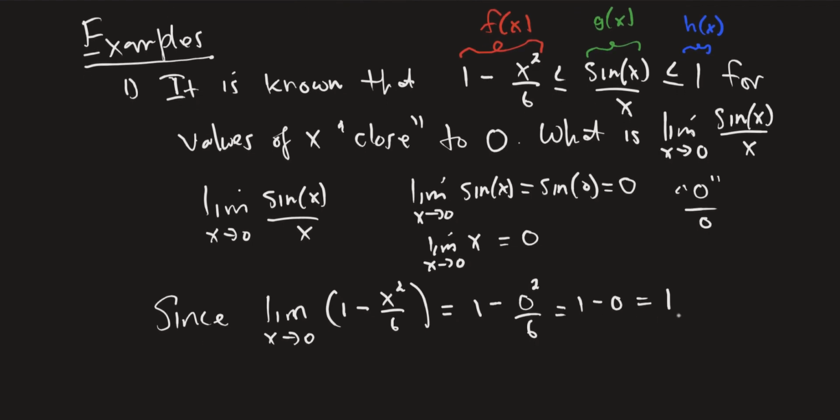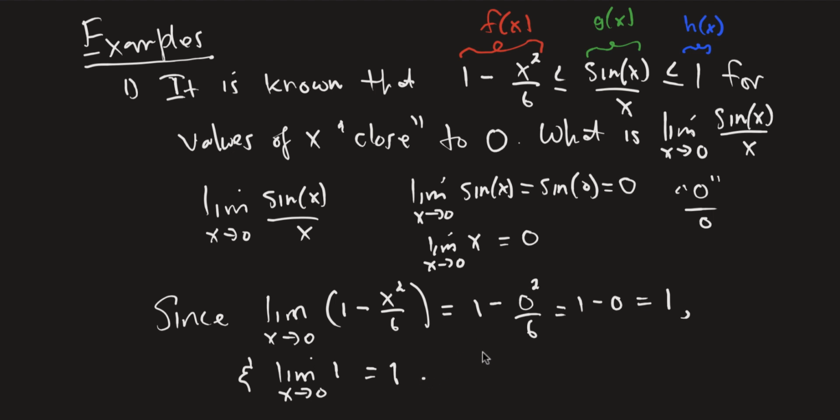So the limit as x approaches 0 of the constant, well, that's one of our limit properties. This is equal to 1, right? So both functions, f of x and h of x, they approach 1 as x approaches 0.